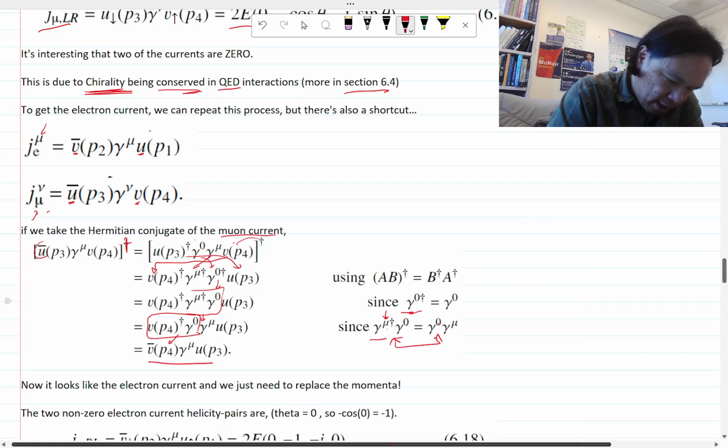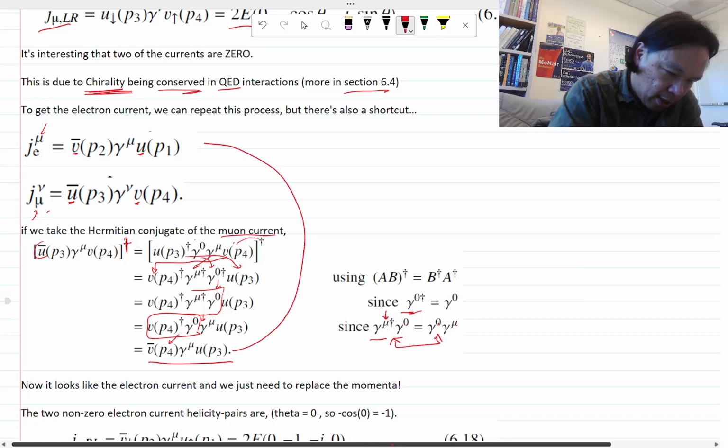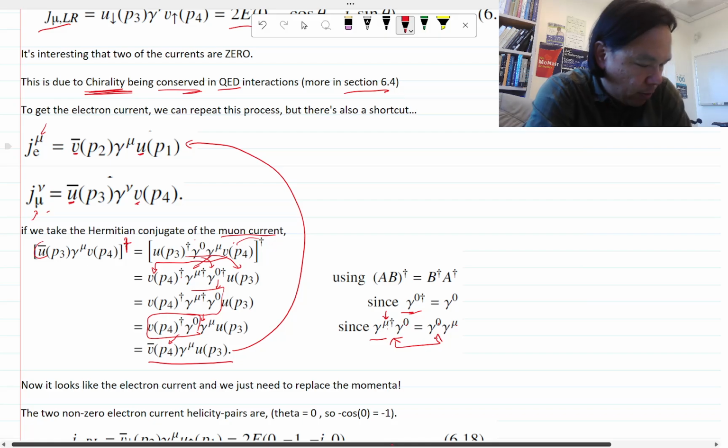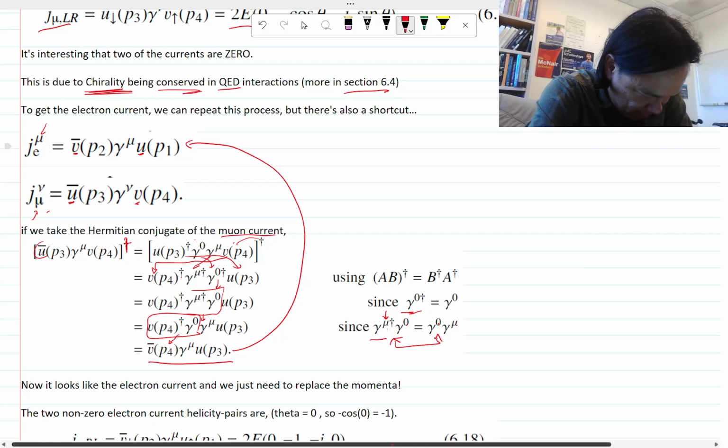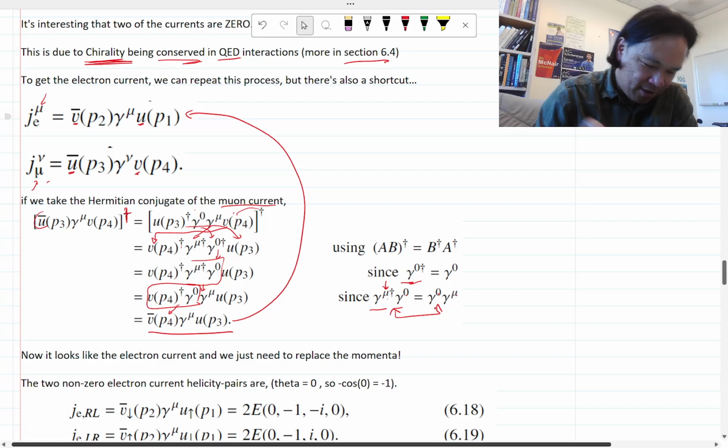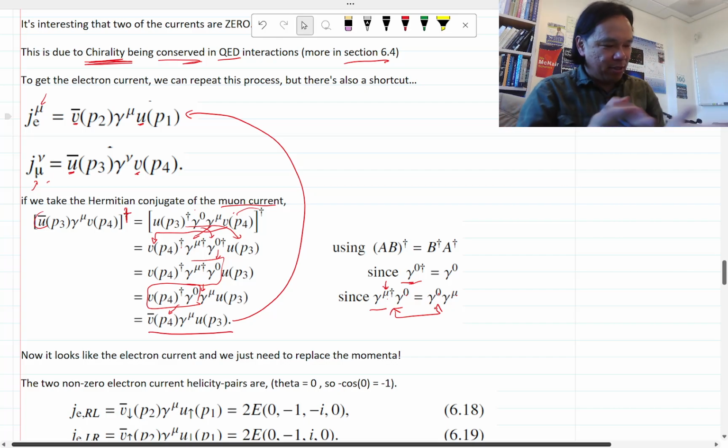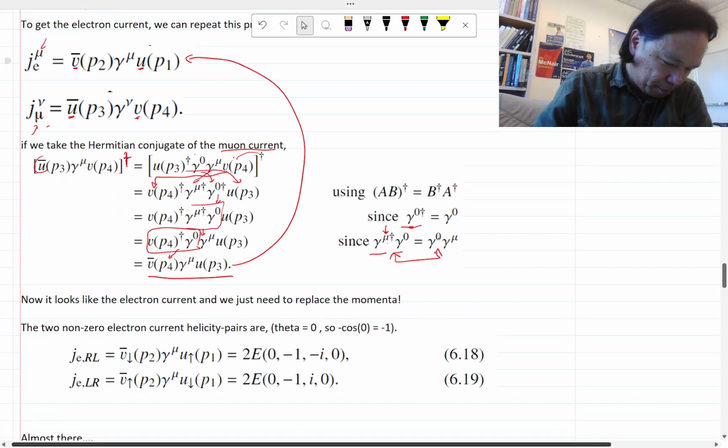Now you have V bar gamma mu times U of P3, and that's now in the same order as what we have for the electron. I don't know if this makes it easier or harder, but this is a nice shortcut instead of re-deriving everything that we did before.